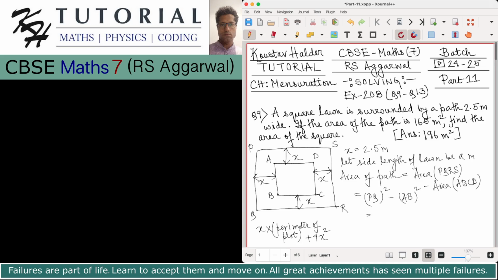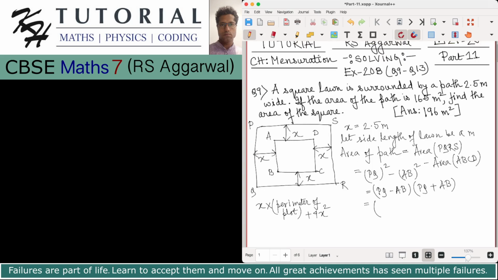Okay, so this is in the form of a square minus b square. So this will be PQ minus AB multiplied by PQ plus AB. Now what is PQ? As you can see, the outer boundary PQRS is also a square.